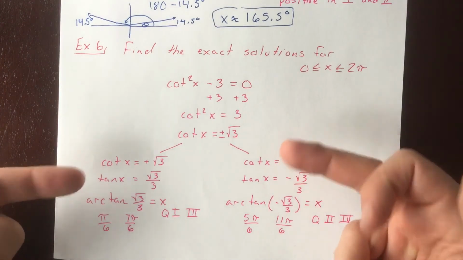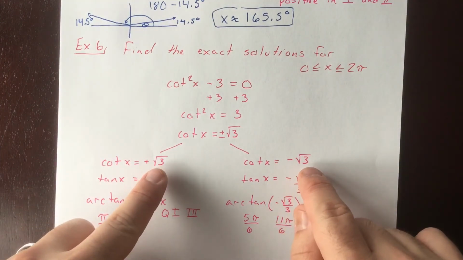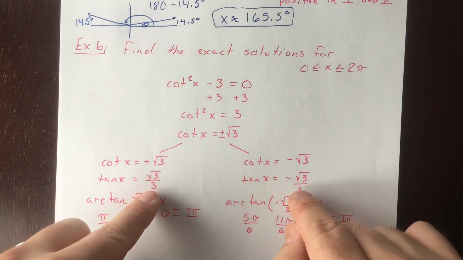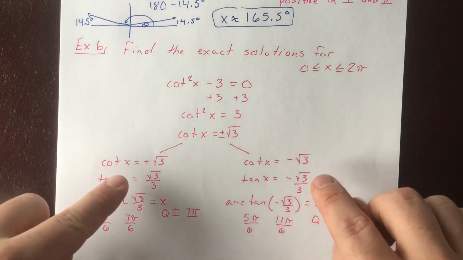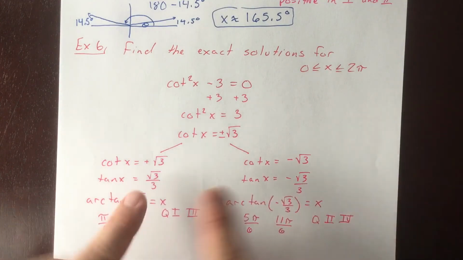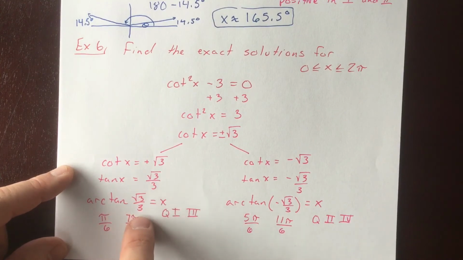So cotangent is the reciprocal of tangent. So the reciprocal of square root of 3 is square root of 3 over 3. So it's reciprocal because you get 1 over, yeah. So we can talk about that more if we need to. So tangent is the square root of 3 over 3 at the 6's.